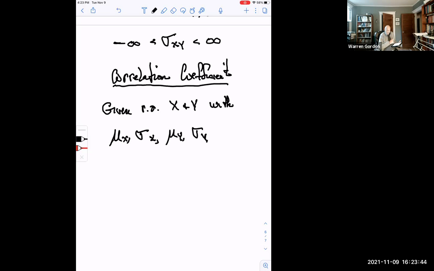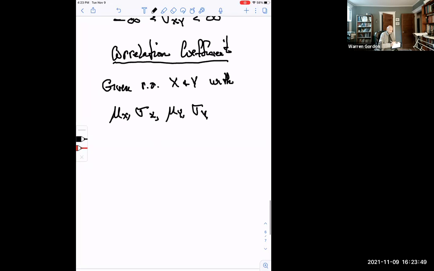I'm giving you their mean, and I'm giving you their standard deviation. And let's define x star to be a standardized version of x. And y star will be the standardization of y.